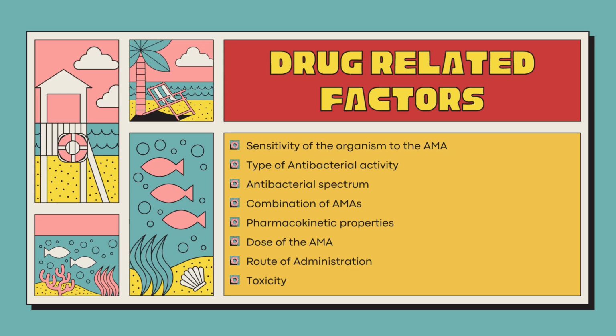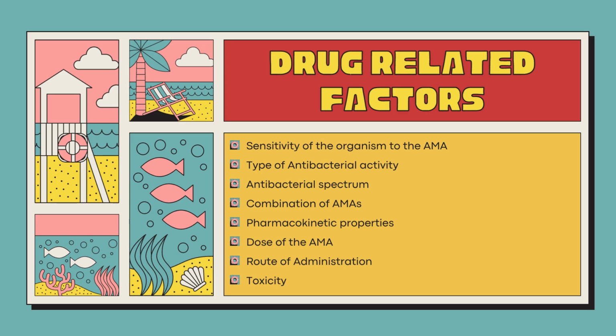Meanwhile, drug-related factors include the sensitivity of the organism to the antimicrobial agents, type of antibacterial activity, antibacterial spectrum, combinations of antimicrobial agents, pharmacokinetic properties, dose of the antimicrobial agents, route of administration, and toxicity.